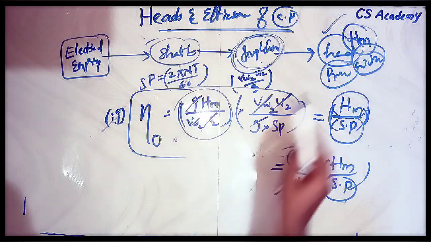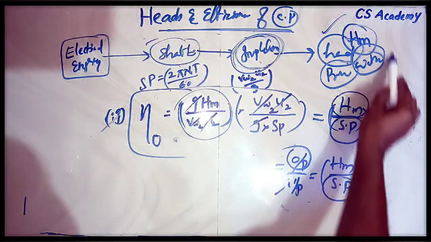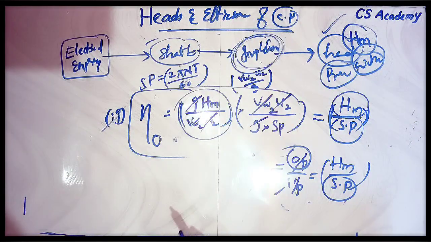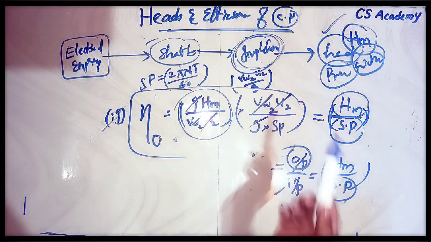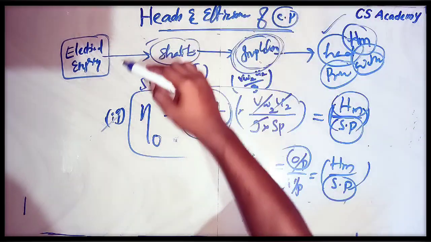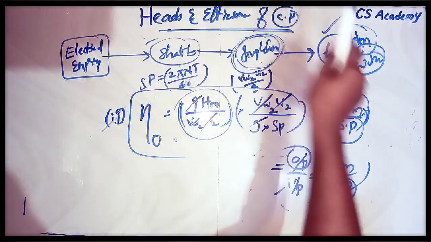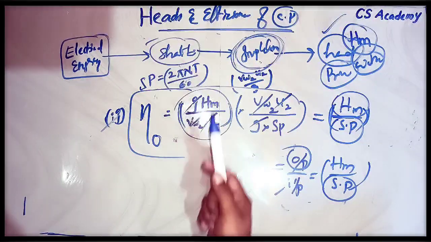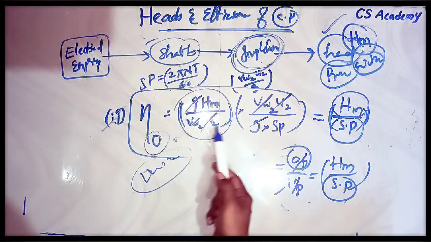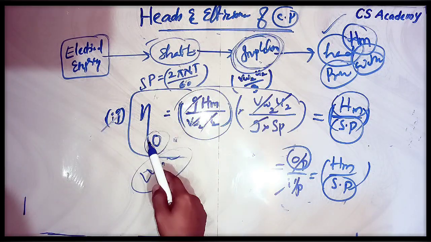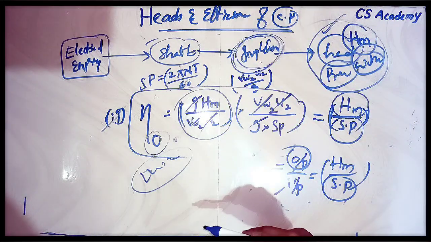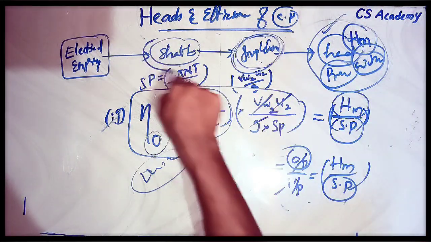If we give this efficiency for the total parts of this centrifugal pump, that is overall efficiency. Yes or no? Overall, the output is manometric head and the input is shaft power.